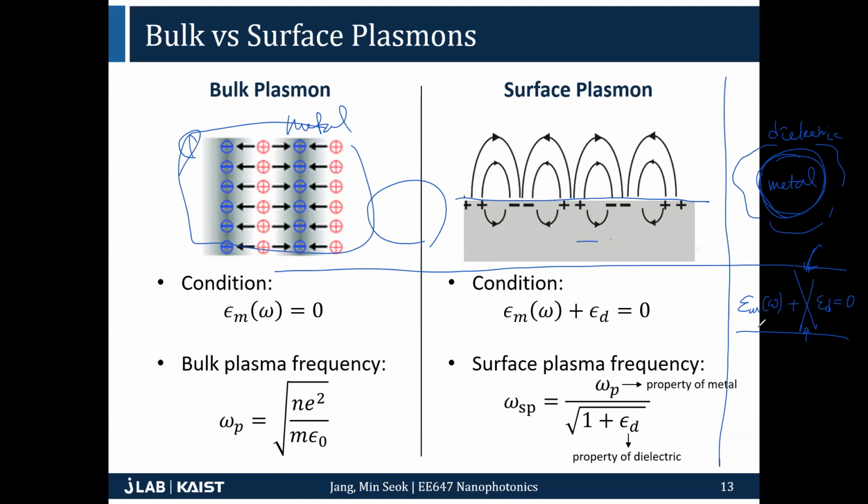So x becomes larger than 1. This type of hand-wavy argument is sometimes very useful to estimate what is going on. Similarly, if you call this resonance frequency omega resonance, it must be lower than even omega surface plasmon, and omega surface plasmon was lower than omega p. So you can see how things are going here.